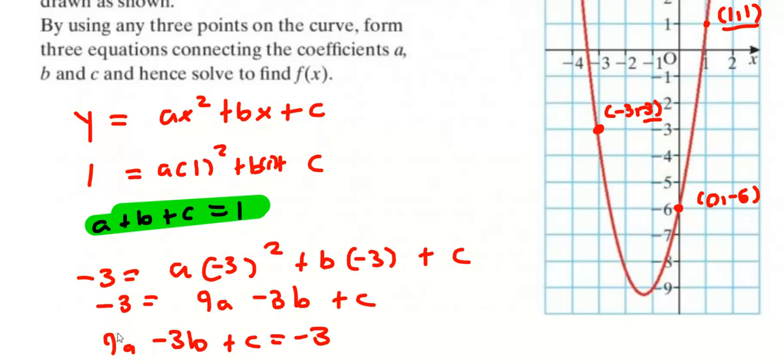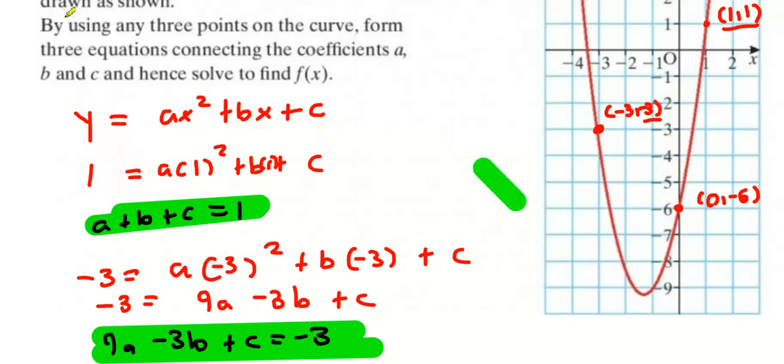Now what about the third part? Killian, will you take the third one for me? 0, minus 6. Minus 6 equals a times 0 squared, yeah?